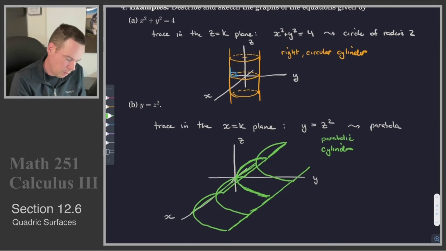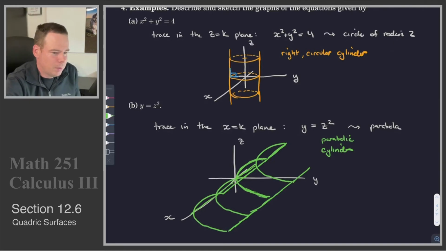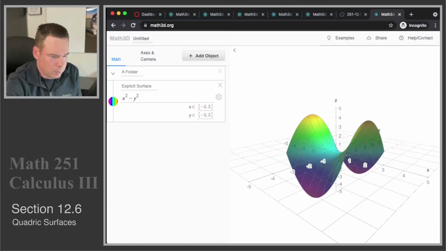If you are having trouble visualizing these kinds of things, go to math3d.org and say we'd like to sketch that last surface, y equals z squared. I can't use an explicit surface, because that is inherently z equal to some expression of x and y.